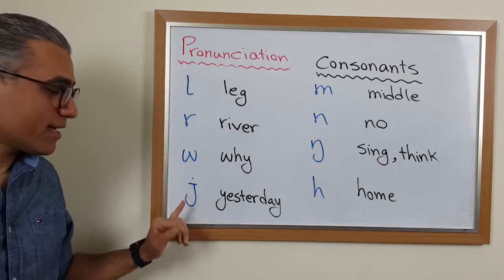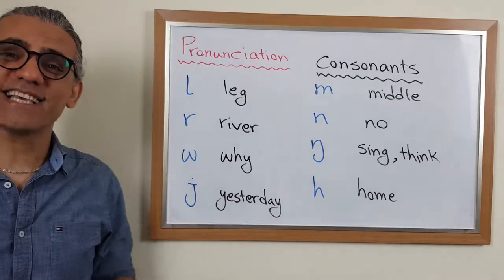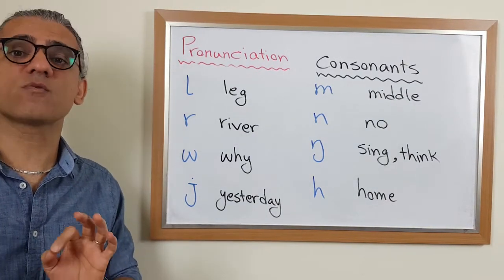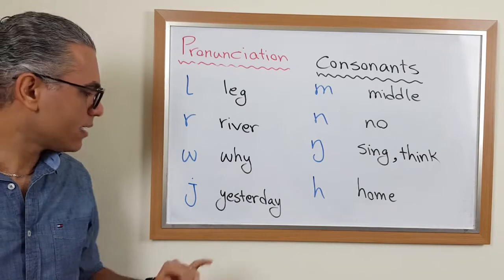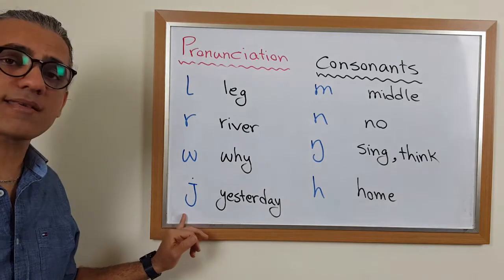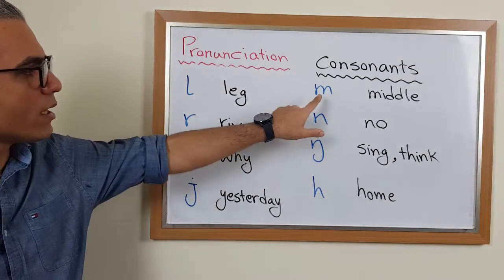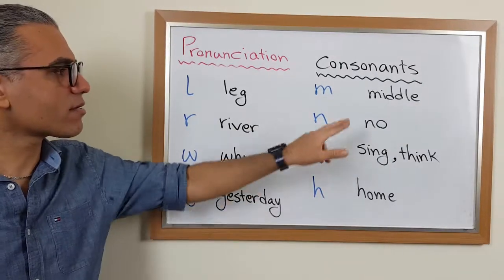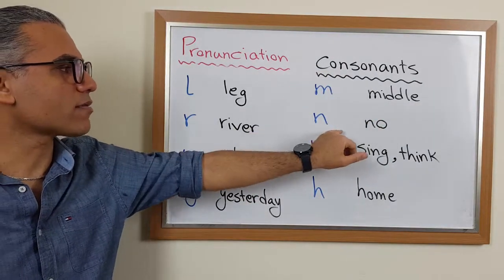This one is actually, if you see it as a letter, it is J, but it is not a letter. This is a sound, and it is pronounced Y, like yesterday. This is the sound of Y. These two are very simple, and both of them are voiced, like middle, mobile, and this is like no.